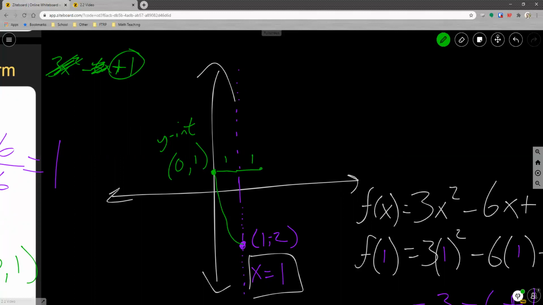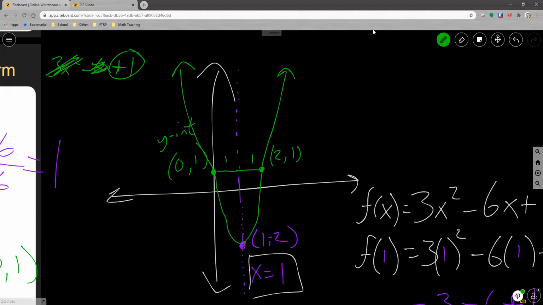So I'll have a second point. Every point on a parabola is mirrored over the axis of symmetry, with the exception of the vertex. That means the point 2, comma 1 is also on my parabola, and that my parabola looks something like that.